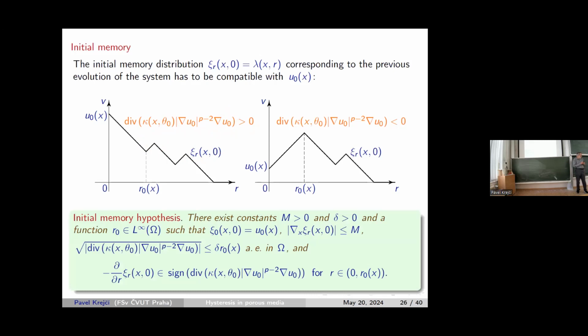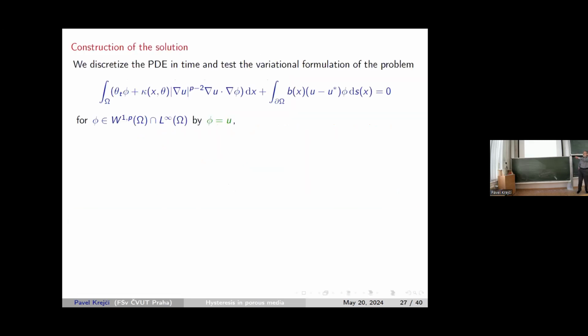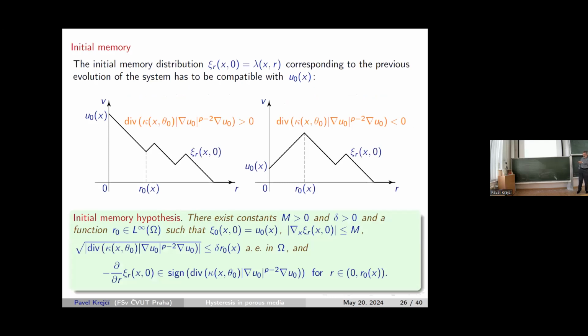In order to avoid that, the memory curve has a turning point, which means that there must have been in the past, in the immediate past before t equal to 0, a possibility of an increasing input which would produce the memory curve.